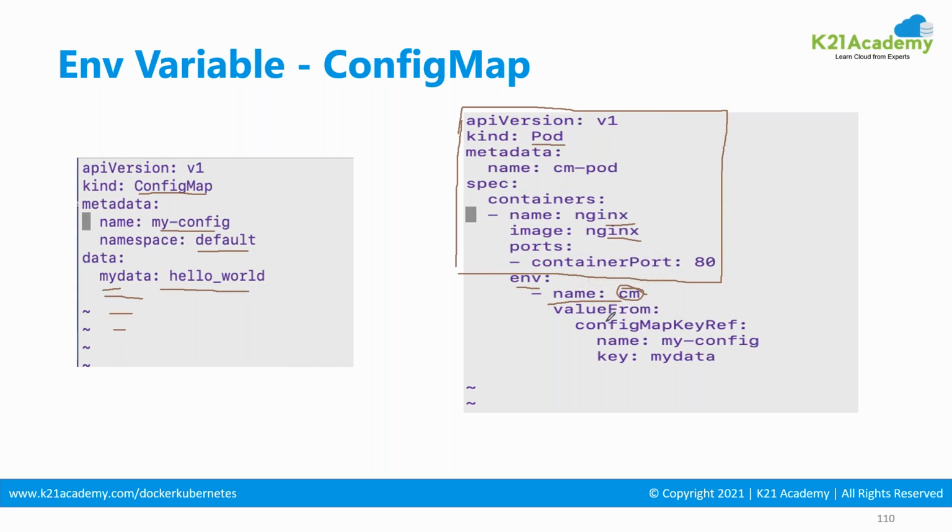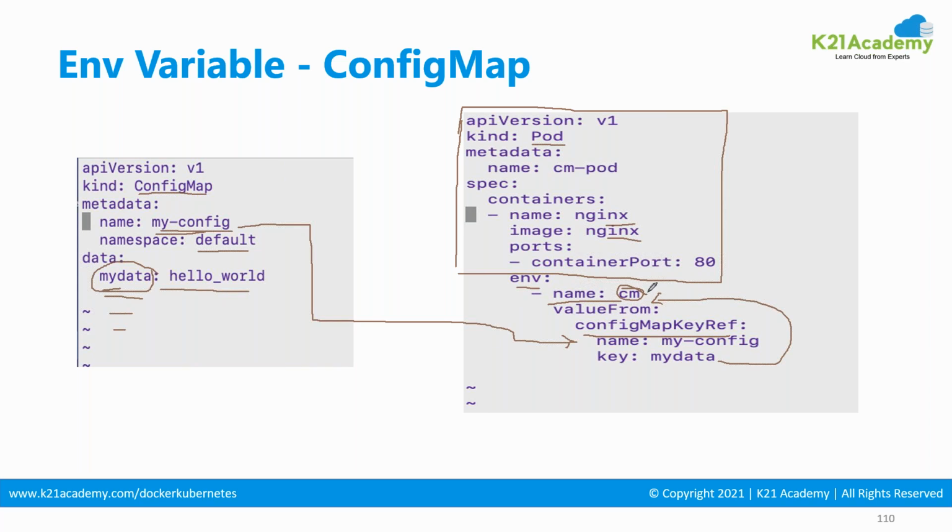So valueFrom configMapKeyRef, and you have to specify the name of the config map which you have used. So you need to specify this name here, and from this name which key you want to use. This is called the key, and this is called the data, right? So from this config map, which key you would like to assign to the variable called CM, right? This is the way we have to define it.